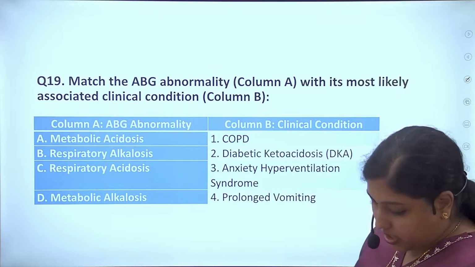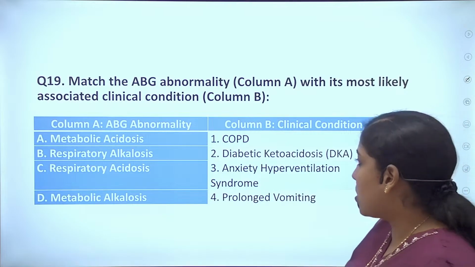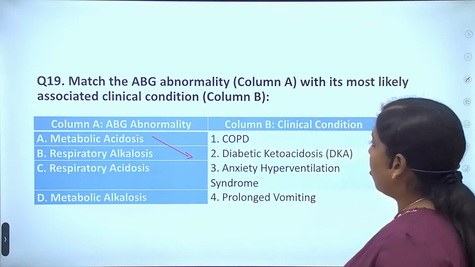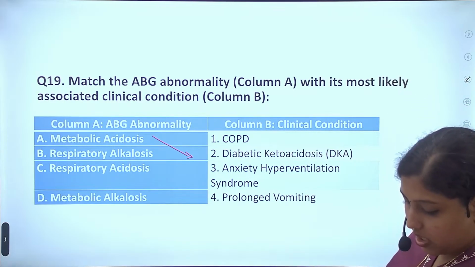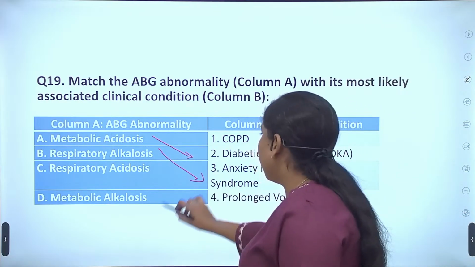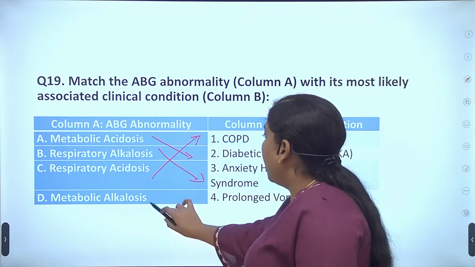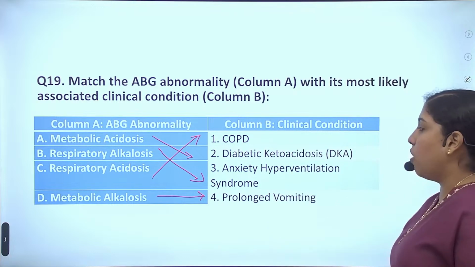Metabolic acidosis is seen in case of diabetic ketoacidosis. Yes, correct. Respiratory alkalosis is seen in case of anxiety and hyperventilation. Respiratory acidosis is seen in case of COPD. Metabolic alkalosis is matched correctly with prolonged vomiting.